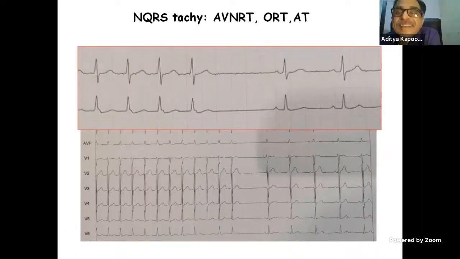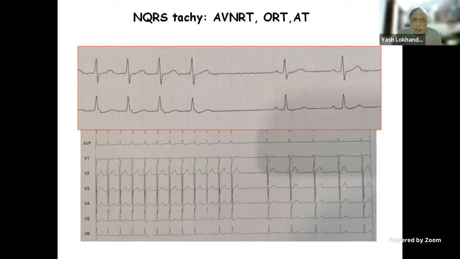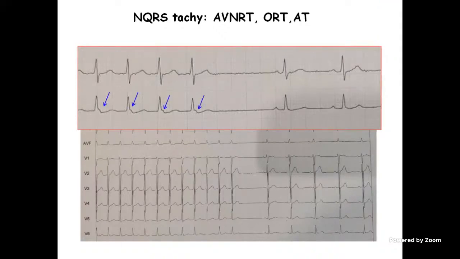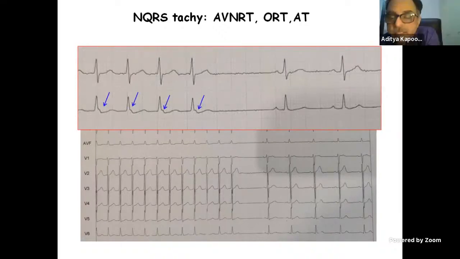Actually, I can't blow up V1 now, because for V1 I'll have to stop sharing, but it is clearly there. No, that's fine. That's fine. No problem. But again, one should be very careful. So it terminates with a P. So if it terminates with a P, what type of tachycardia is ruled out?